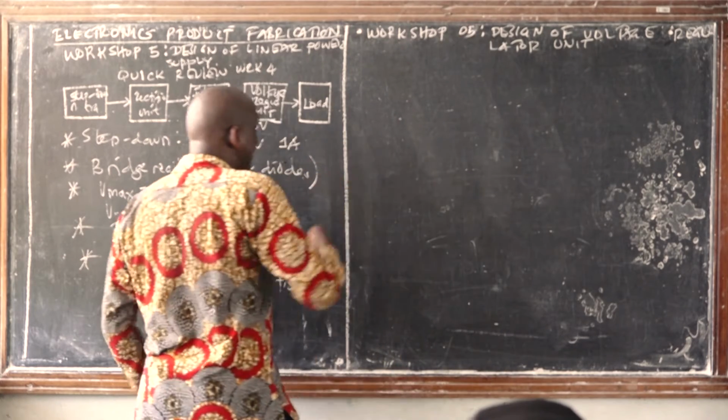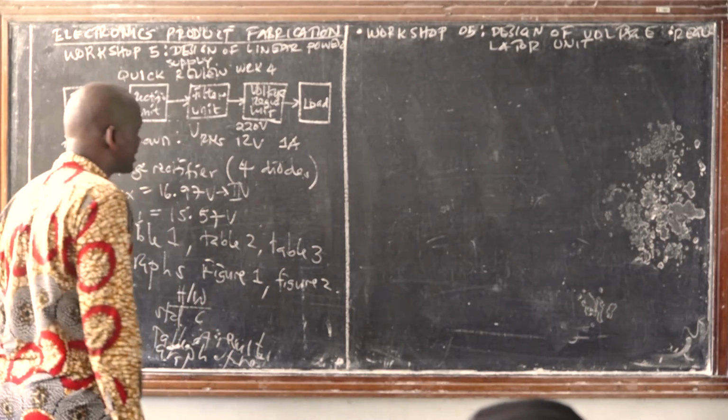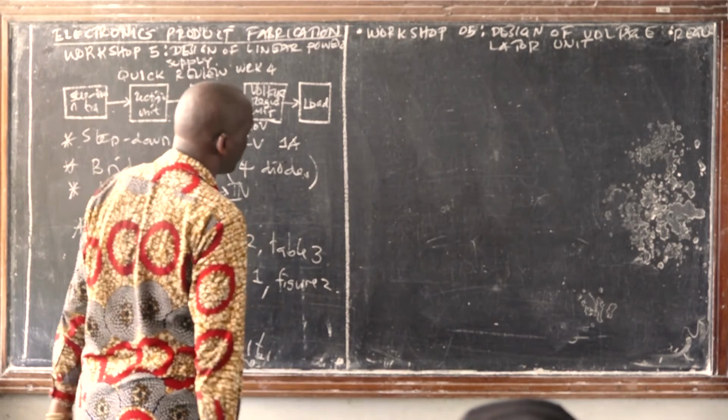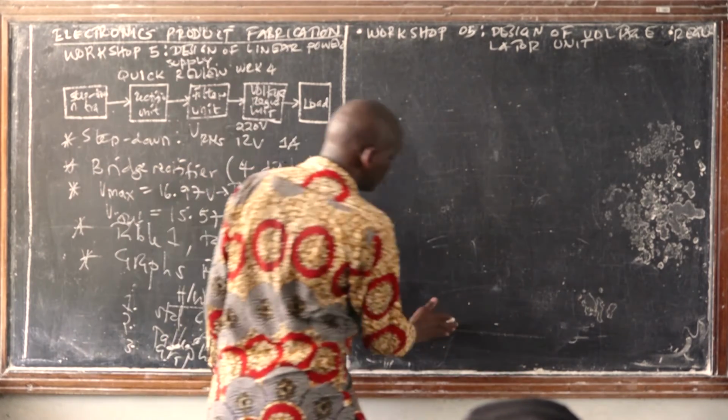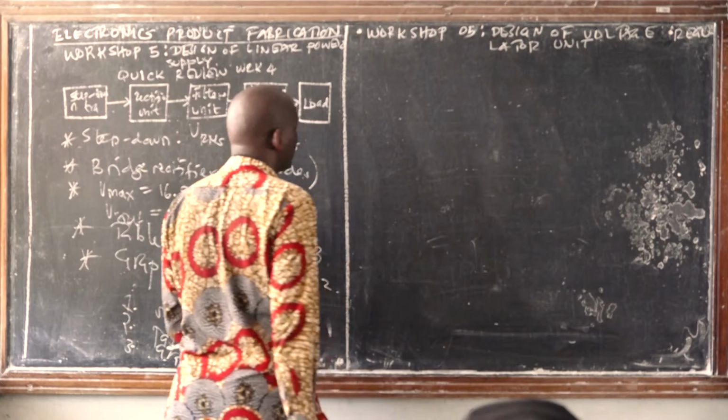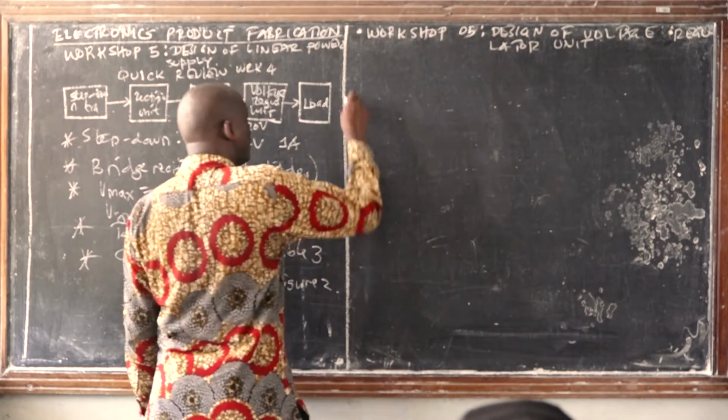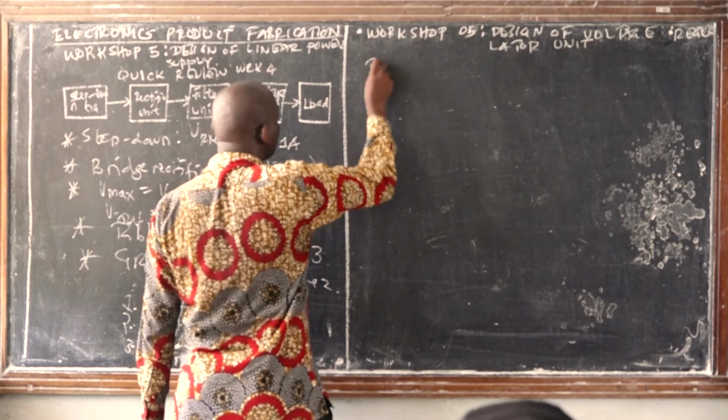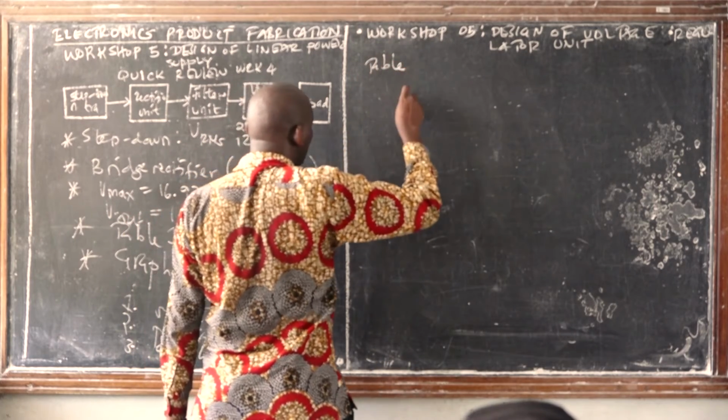Okay, let us wind up what we discussed yesterday, because we need this information in order to cover these concepts in practical work and even in simulation. So this is the table of results.